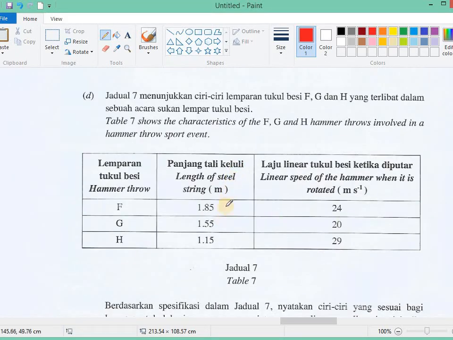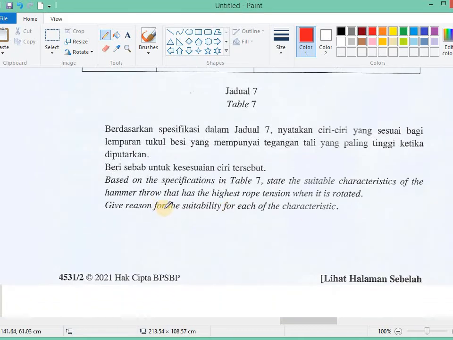Okay, next. Table 7 shows the characteristics of the F, G, and H hammer throw involved in a hammer throw sport event. So we have three different types of hammer. F, G, H. Length of steel string: F is the longest, H is the shortest. Linear speed: 24, 20, 29.